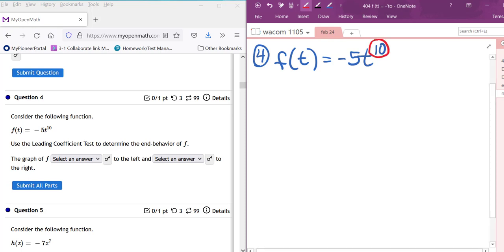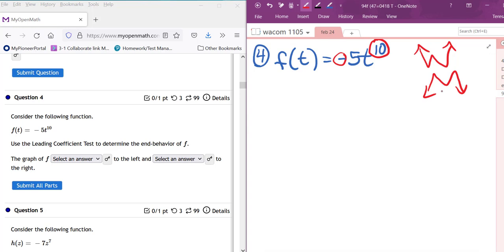Well, it is even, so that is basically like a W. Our leading coefficient is negative, so that's going to make it turn upside down. So the graph of f, right, and they want rises or falls in these. On one that's even, it will do the same. So this is our picture, so it's going to fall to the left and fall to the right.